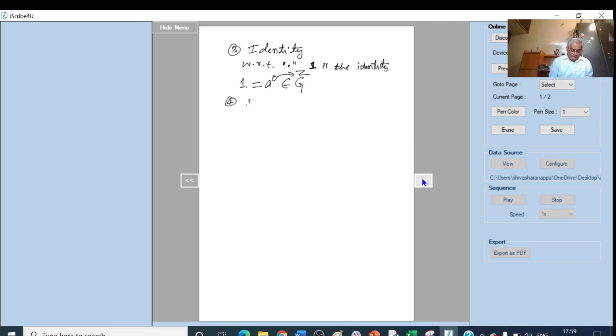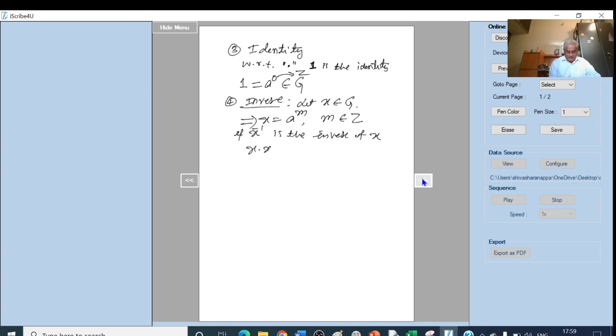Fourth one, inverse axiom. Let x belong to G. This implies x is equal to, say, a to the power of m, where m is an integer, m belongs to Z. Now, if x inverse is the inverse of x, then we have x into x inverse must be equal to identity.